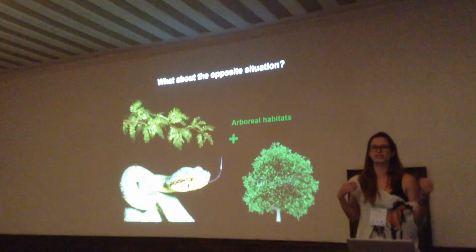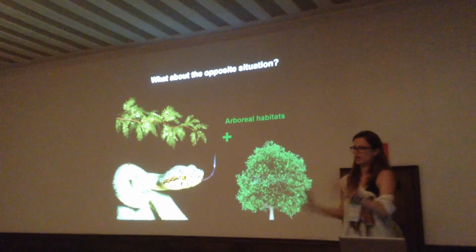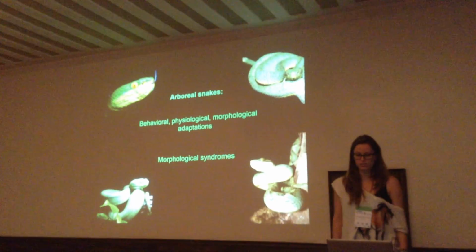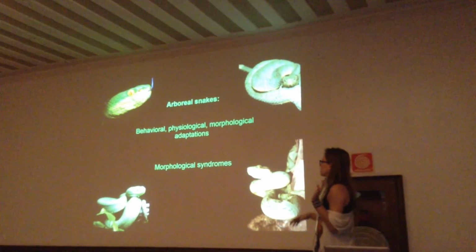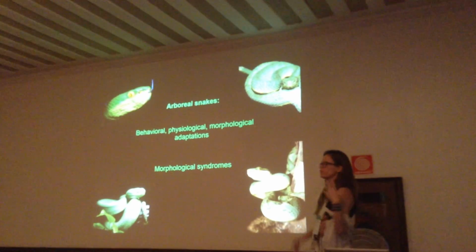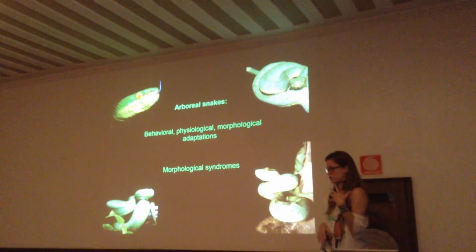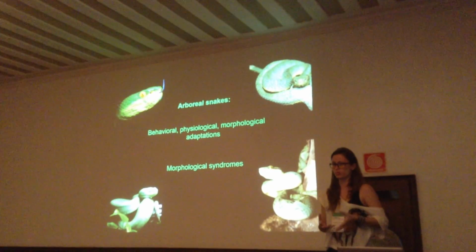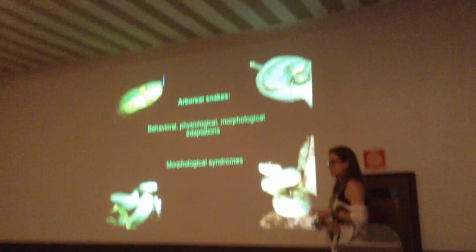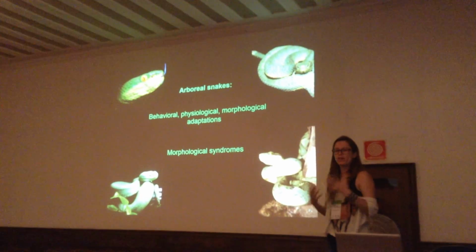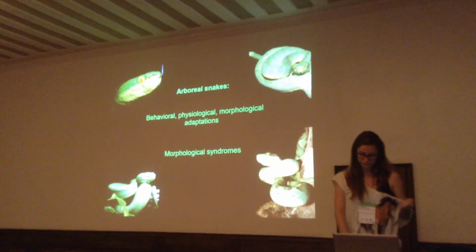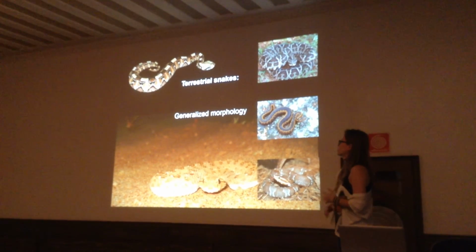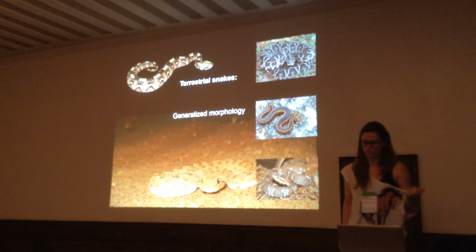But why do we think that this happens with snakes and the arboreal habitats? Arboreal snakes are known for having many behavioral, physiological, and morphological adaptations. The literature suggests that they show different morphological syndromes, which suggests that they have phenotypes that are very similar to each other. In contrast, terrestrial snakes are known for having a much more generalized morphology.